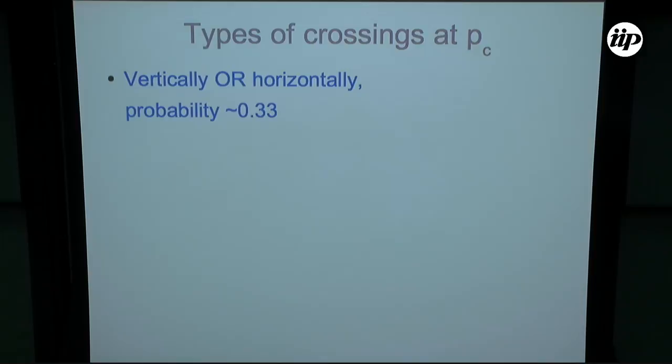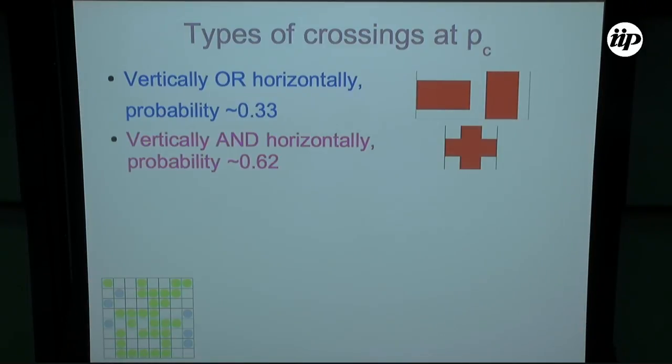Okay, another thing that we know is that when you are at pc, you have spanning of a cluster, but it can span in different ways. For instance, it can span horizontally or vertically, like in those schematic pictures. And this is a realization where you have spanning vertically. And this occurs with probability around 1/3.